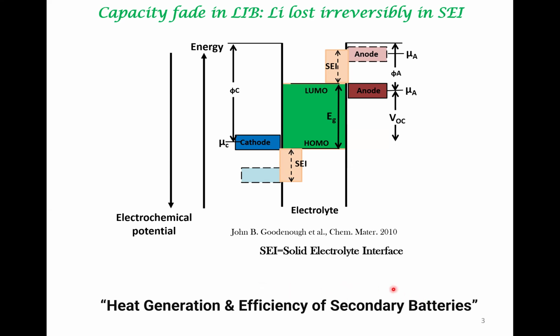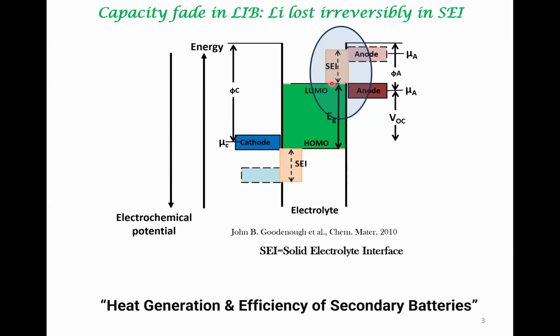So what is occurring during capacity fade, or the dominant mechanism, is that the lithium is irreversibly lost when solid electrolyte interface is formed. So typically the solid electrolyte interface is formed at the interface between the graphite electrode and electrolyte. This is what is attributed to capacity fade.